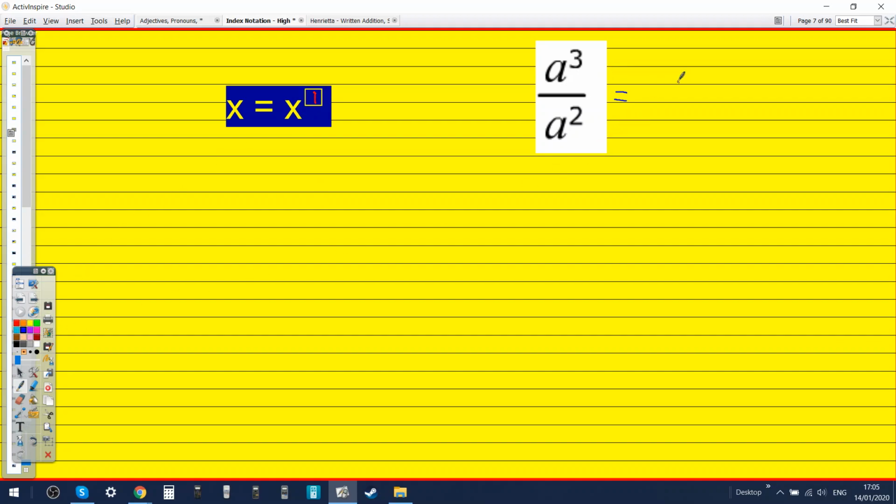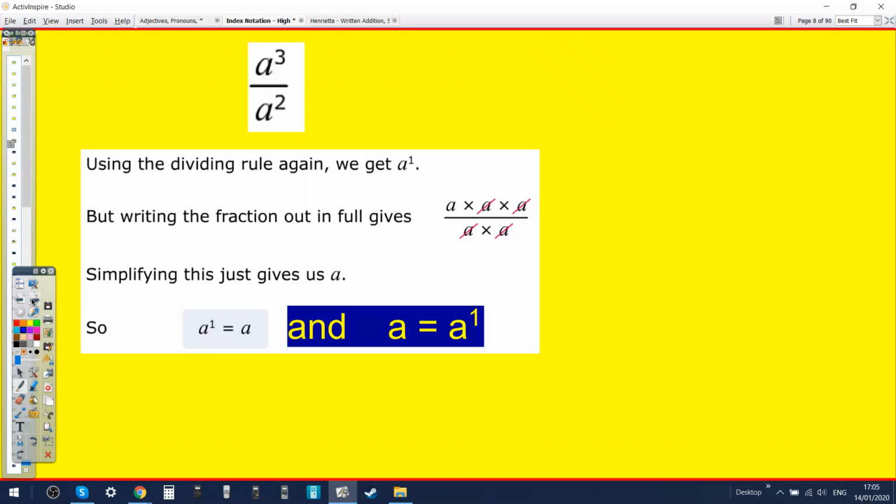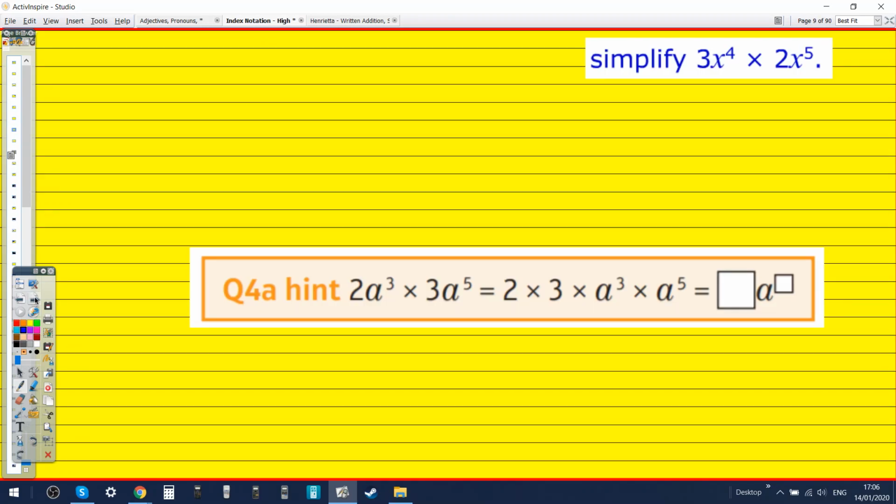And that's because if you had in this one 3 a's on the top, 2 a's on the bottom, a divided by a is 1, anything times 1 is itself, anything divided by 1 is itself, and so what you're left with is just a. And so yes, anyway, I'll have to move that to a different place, I think.